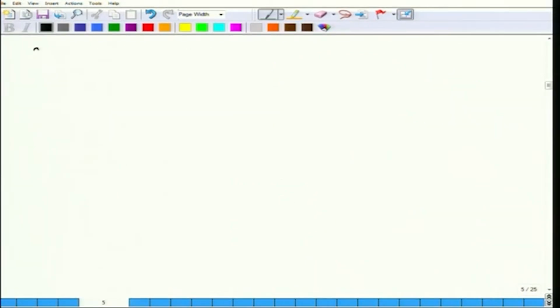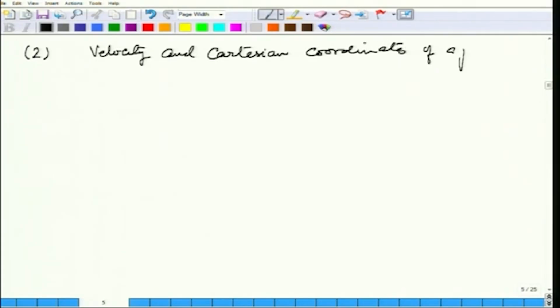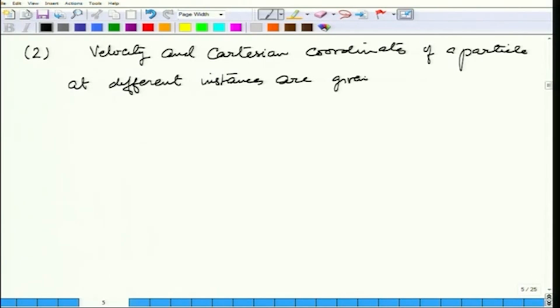Next problem: velocity and Cartesian coordinates of a particle at different instances are given below.